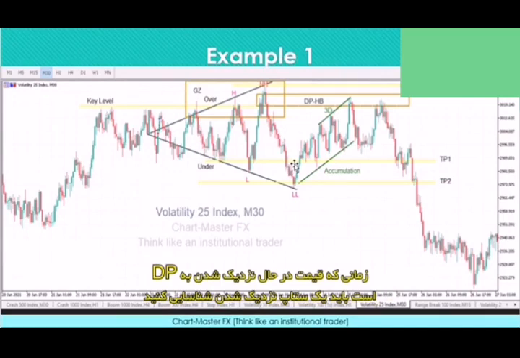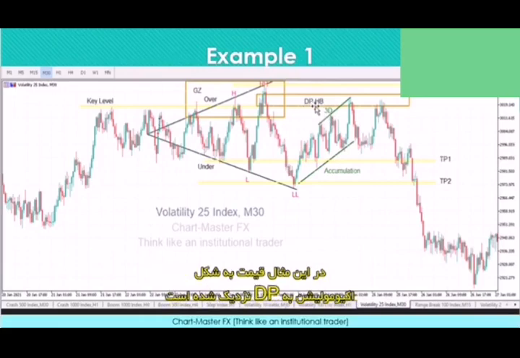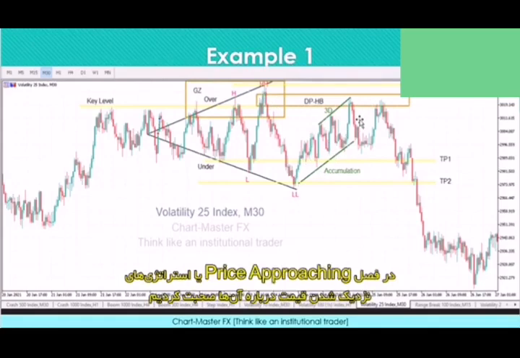So you need to be able to spot a price approaching when the price is coming towards a decision point. In this case, you can see that when the price was approaching this decision point, it went there in the form of accumulation.